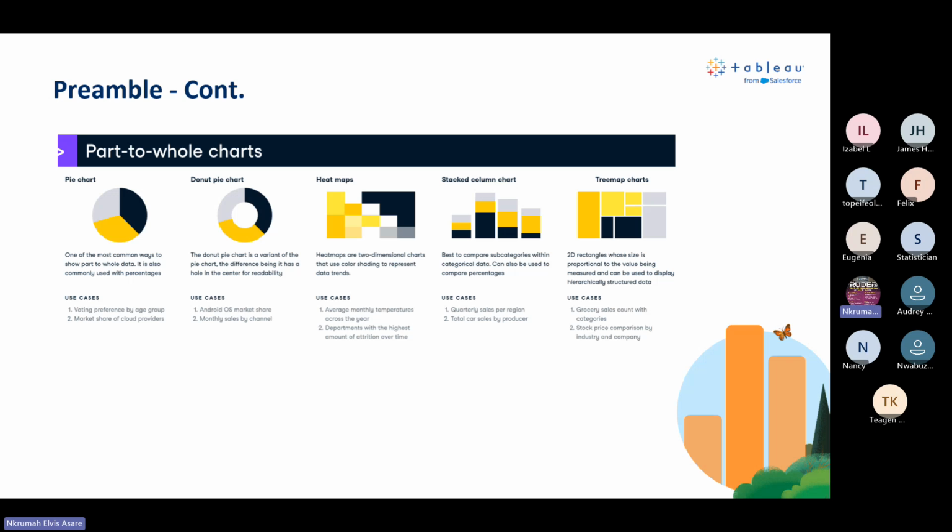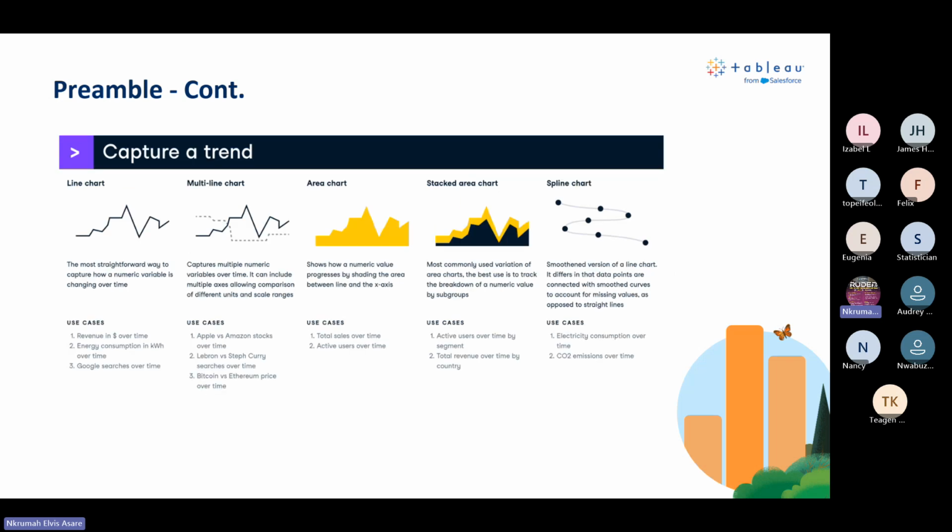So those are the basic charts Tableau offers. Now Tableau has over 20 visualization or chart types, which anyone can make good use of, depending on the case and what you want to use the chart for. You are not restricted. You can use different charts. So we have line charts, multiple line charts, area charts, stacked area charts, and so on.